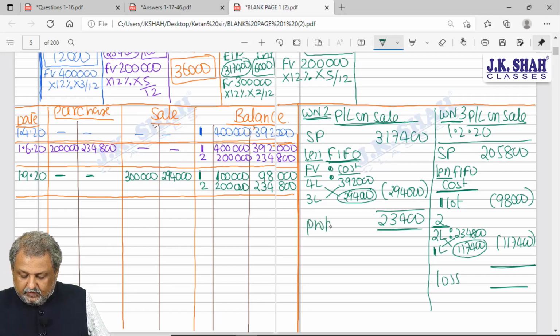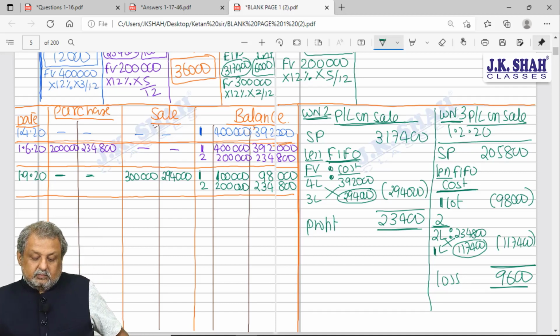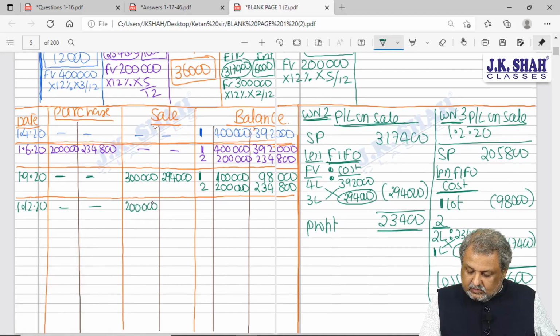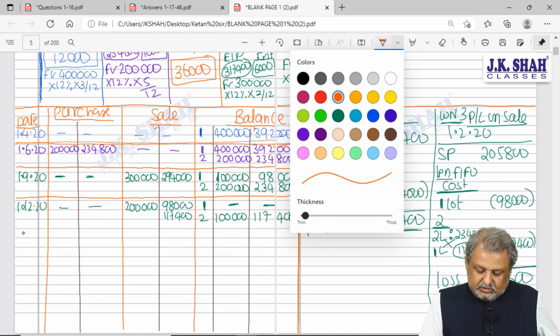Here there was a profit. Loss 9,600. So on 1st December, again there is a sale of 2 lakhs, but the amount is 98,000 and 1,17,400. Now first lot nothing is remaining, second lot 1 lakh remaining, 1,17,400 cost. Is that understood?